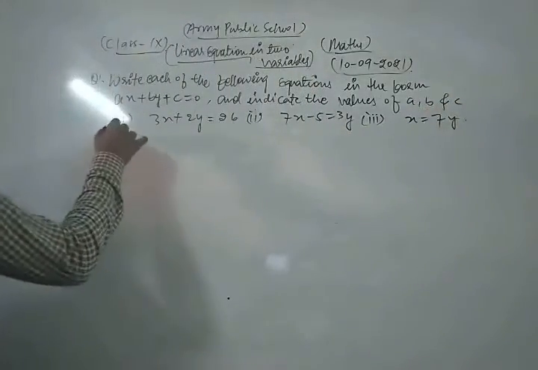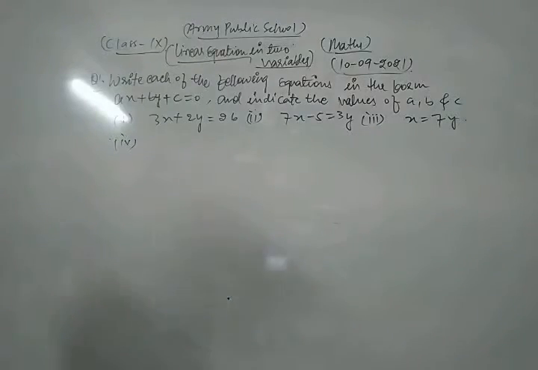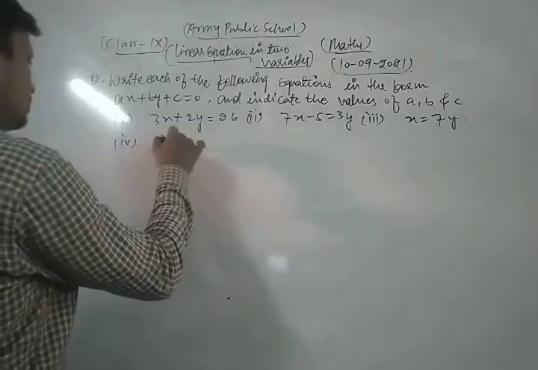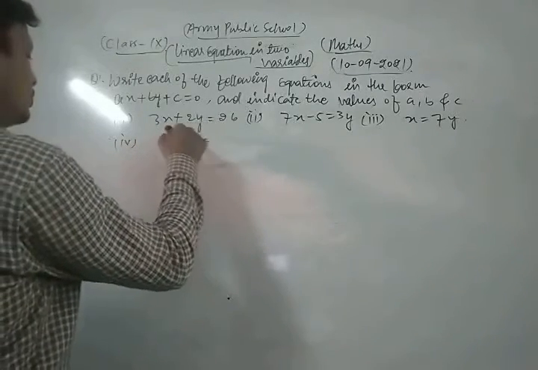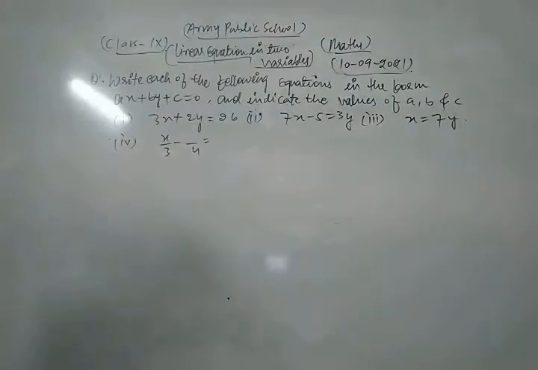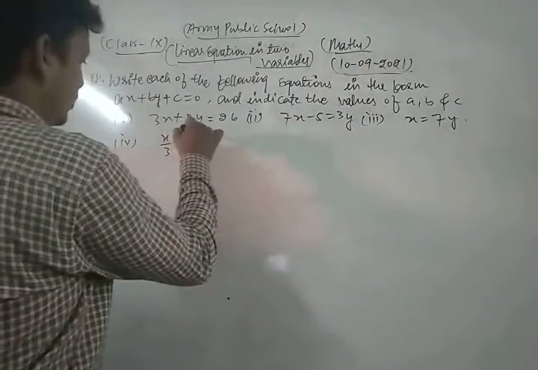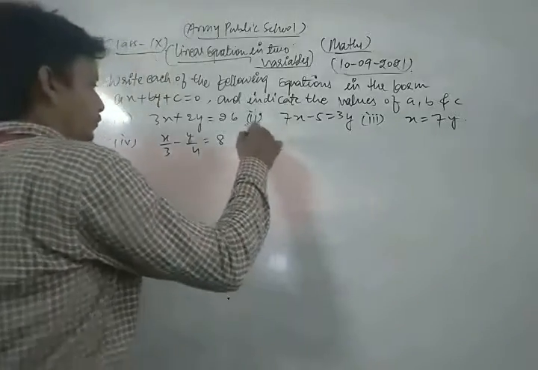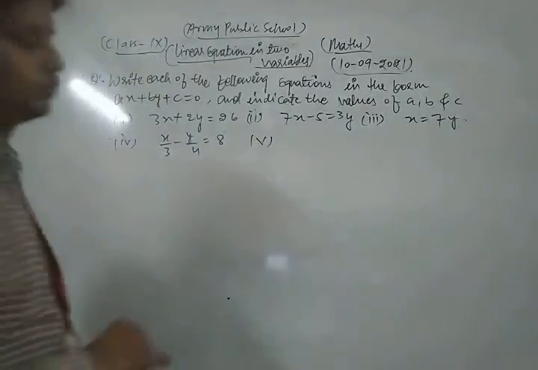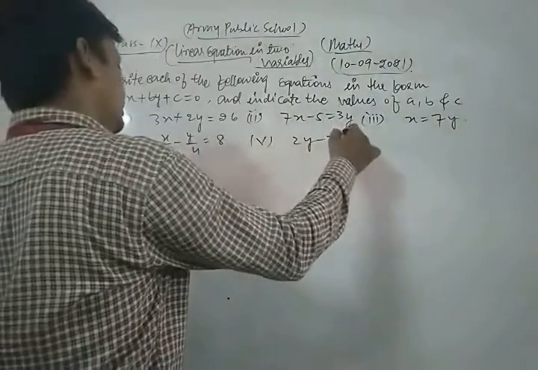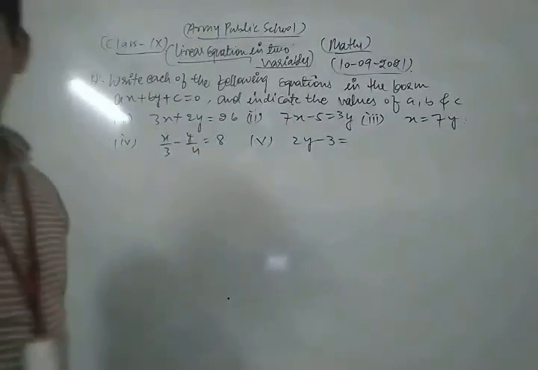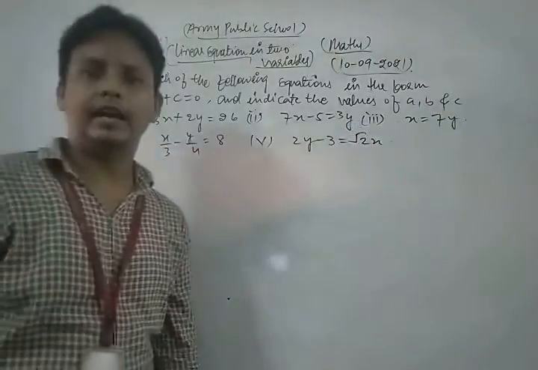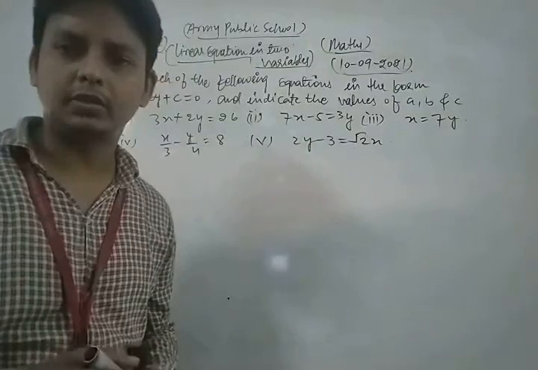The fourth part: x upon 3 minus y upon 4 is equal to 8. Fifth one: 2y minus 3 is equal to under root 2x. These are the questions, and this is the first type of questions based on linear equations in two variables.